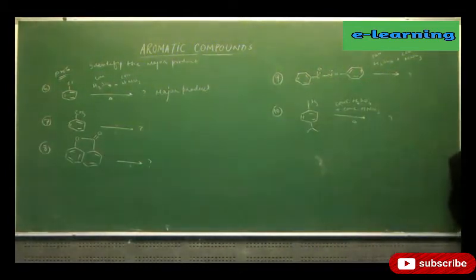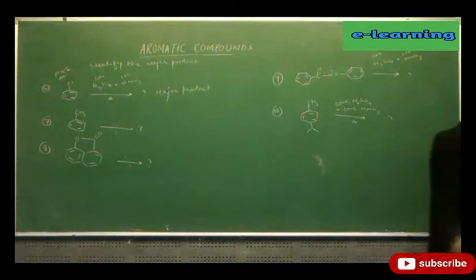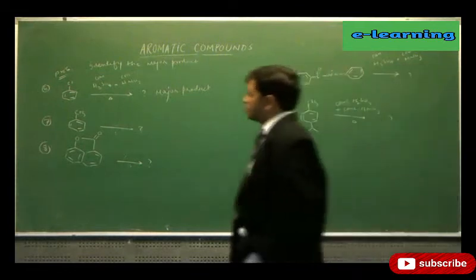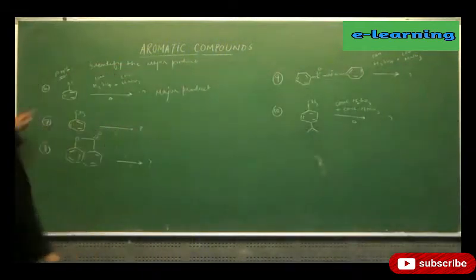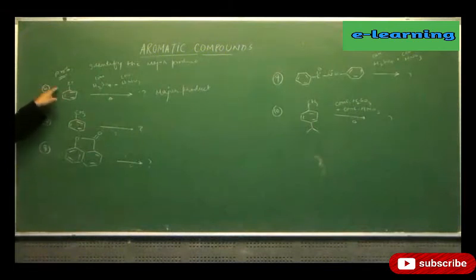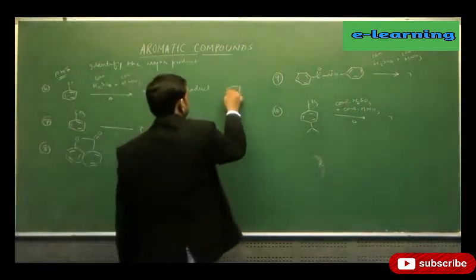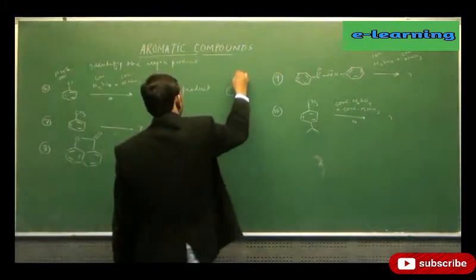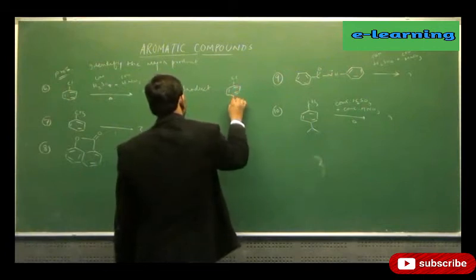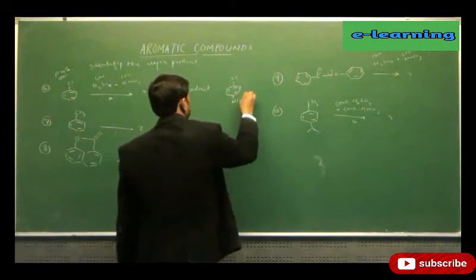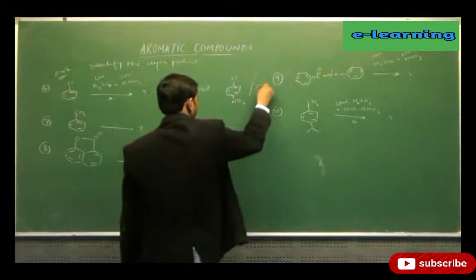See the product. In the first case, it is ortho-para directing, but the ortho position is sterically crowded. That is why the major product is para nitro, and we also obtain ortho.